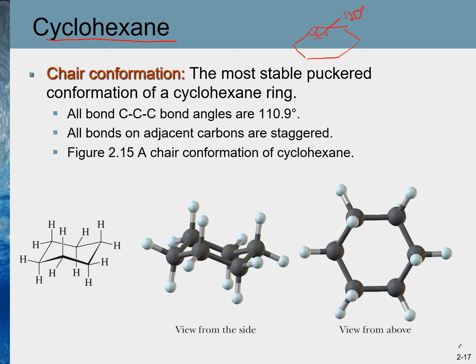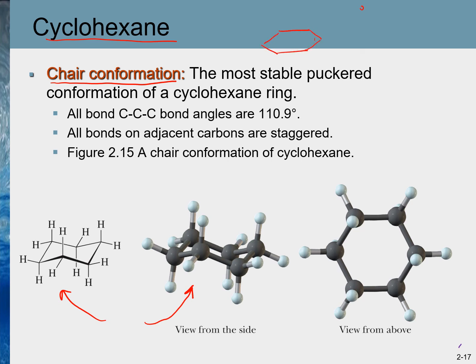The most stable of the puckered ring conformations of cyclohexane is the chair conformation. And the side view of chair conformation is shown here, and it's extremely easy to visualize what's the meaning of chair conformation. So let's imagine that we have a flat planar hexagon.